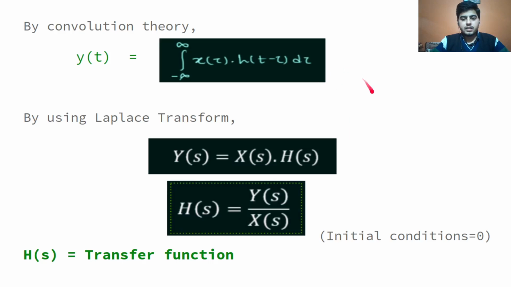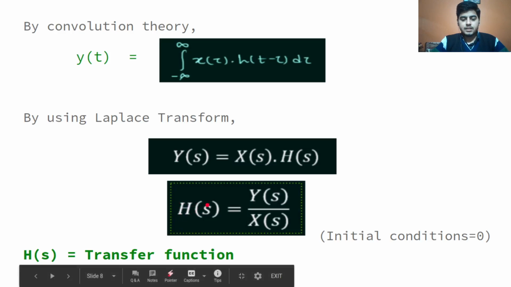You can find its derivation from any other source, but for the time being, let's say that this integral will get converted into this multiplicative part. Now we have found the expression for the transfer function from this equation. Now this H(s) is the transfer function.